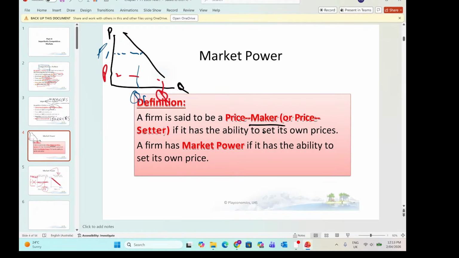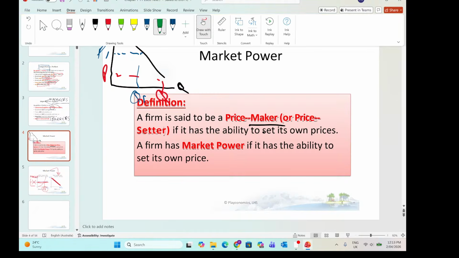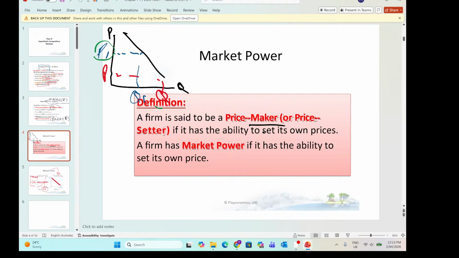As a monopolist, I cannot control both the price and the quantity. I can't say, oh, I'm the monopolist, therefore I'm charging P1 and I'm selling Q1. That would put us out there where the green dot is.